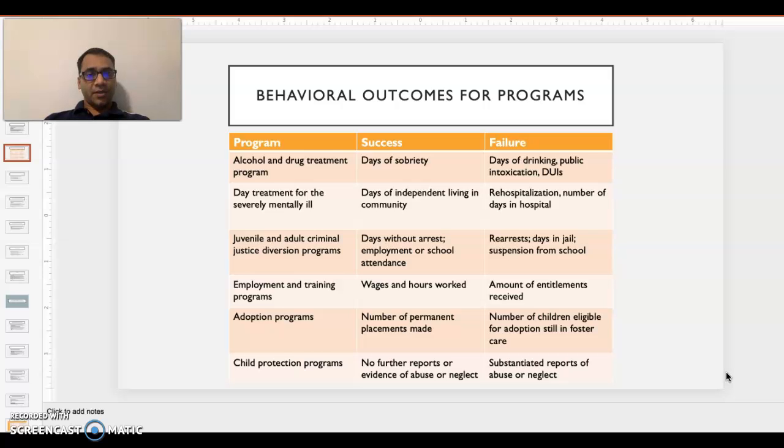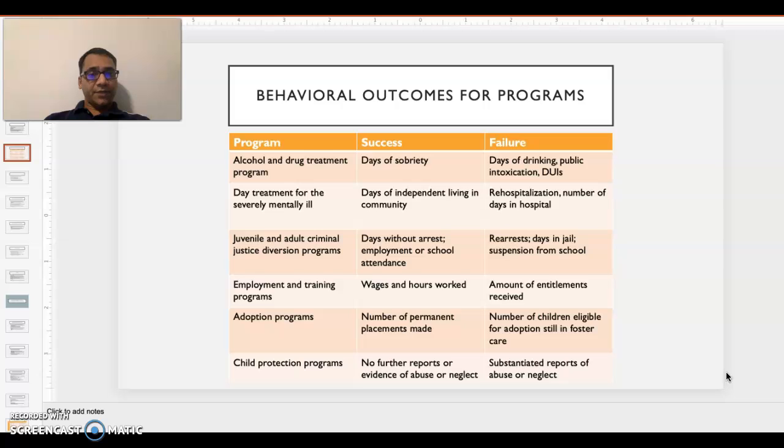Similarly, there are other programs, like day treatment for the severely mentally ill. Success can be measured as days of independent living in the community, and failure can be re-hospitalization and number of days in the hospital.